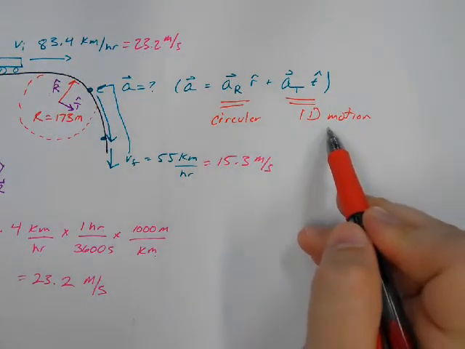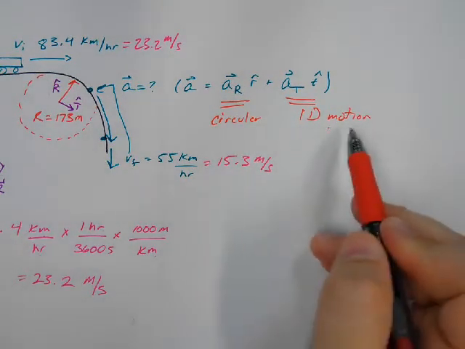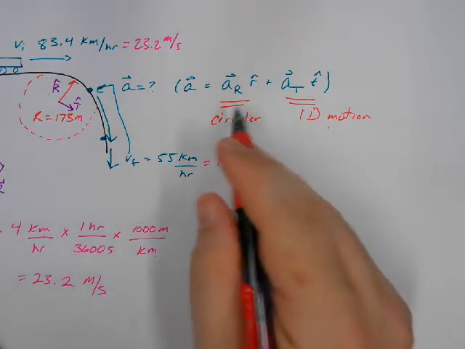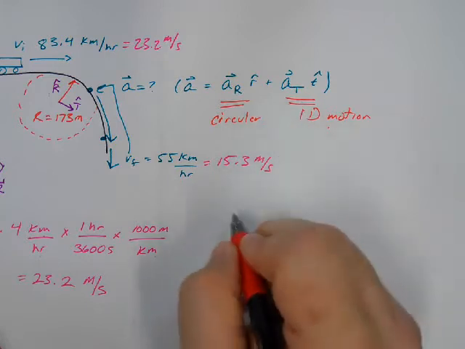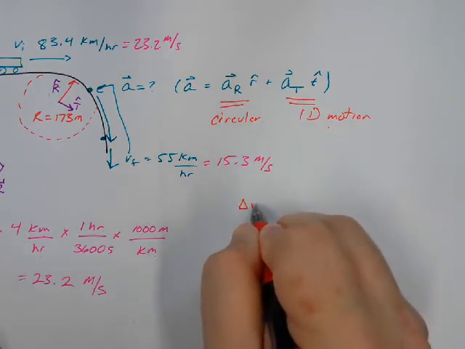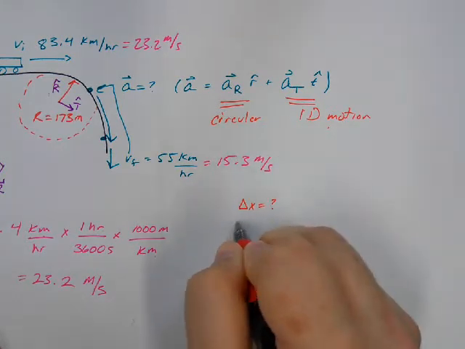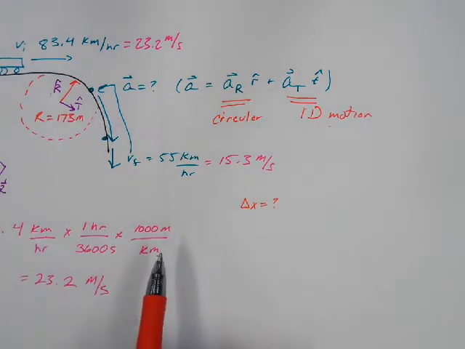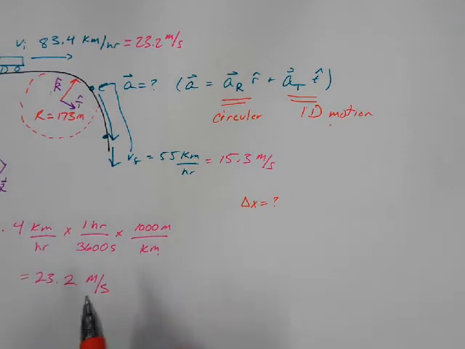This is the bit that makes it speed up and slow down, so it's 1D. So when we do that, what we want to do for the tangential acceleration, well, we don't know what delta x is, because it could be a significant portion of this curve. It's not described. We also need the time, and I constantly do this.